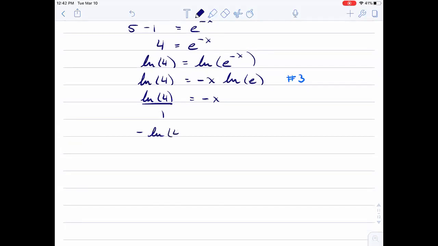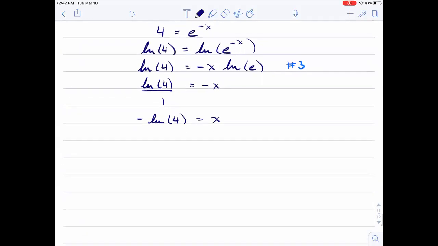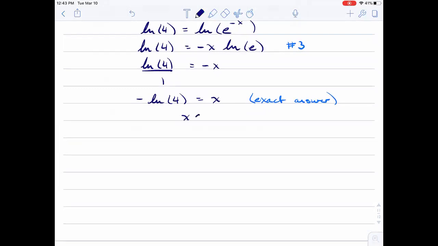So the negative log of 4 is x. This is the exact answer. So x is approximately, if I take the natural log of 4 and then the negative of that, x is approximately negative 1.3862943661.